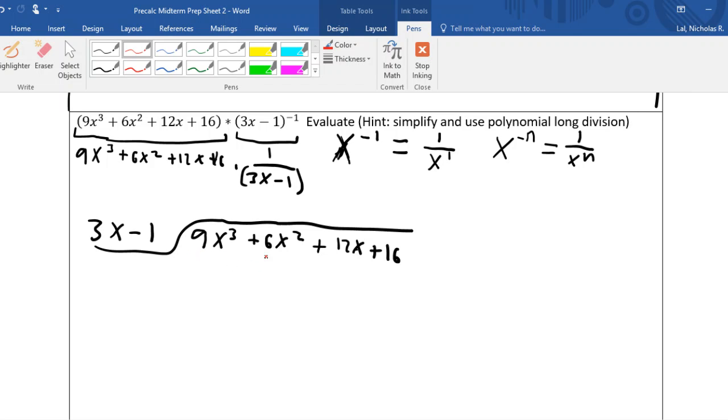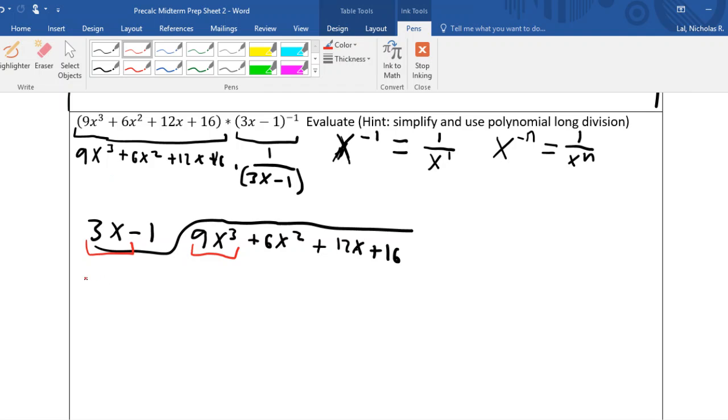All right. But how do I determine what's the first term I use to divide? Yeah, so I see what times 3x equals 9x cubed. And how do I do that? What I do is I take my leading term of my dividend and my leading term of my divisor, and I divide the leading term of the dividend by the leading term of my divisor.